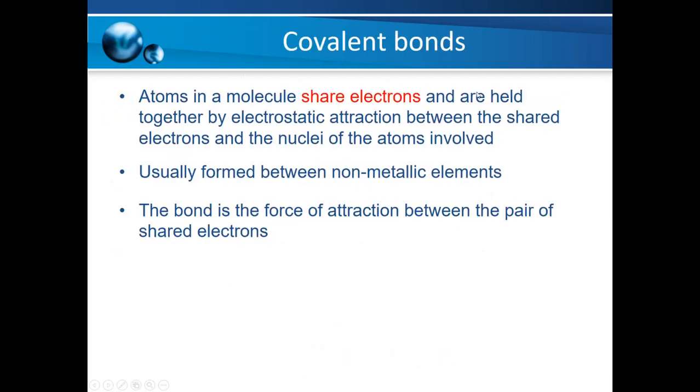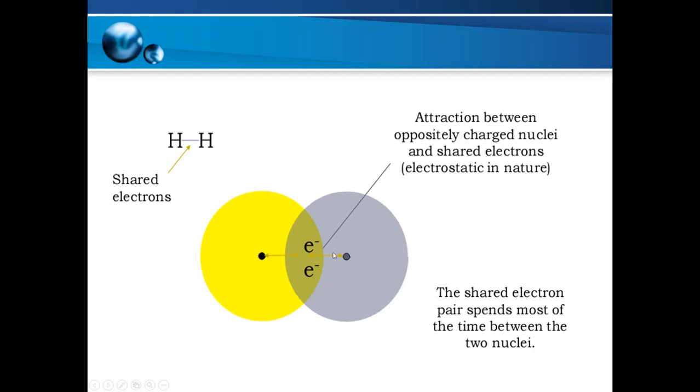And what is a covalent bond? A covalent bond is where atoms in a molecule share electrons and are held together by electrostatic attraction between the shared electrons and the nuclei of the atoms involved, and it usually forms between non-metallic elements. The bond is the force of attraction between the pair of shared electrons.